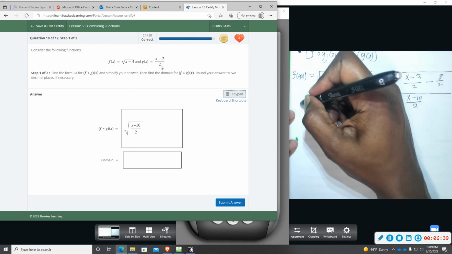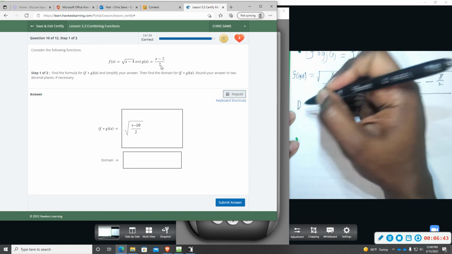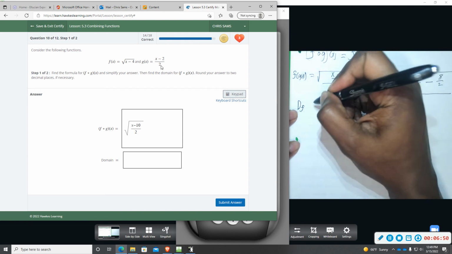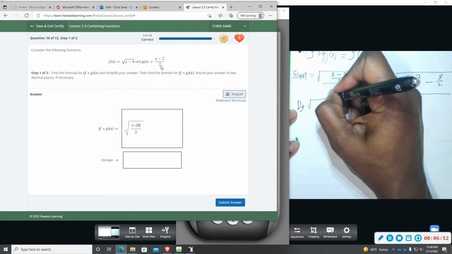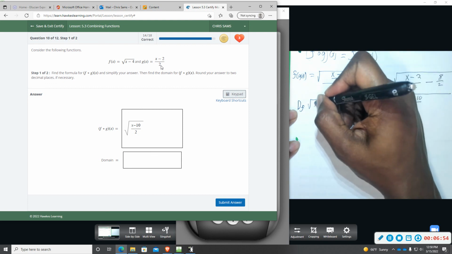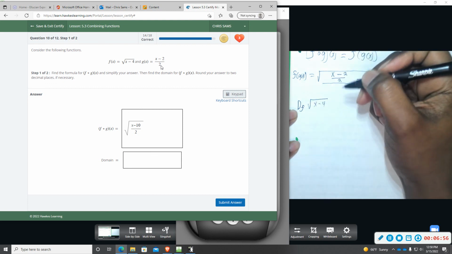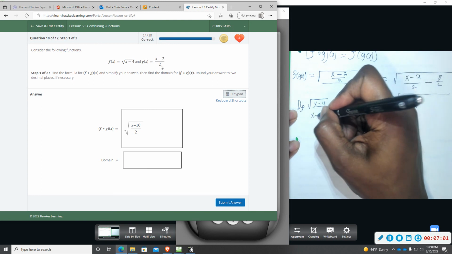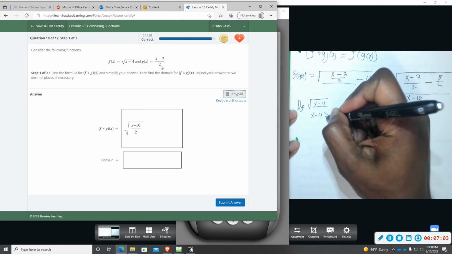We start with the domain of f. The f function was the square root of x minus 4, so we have an even root. The restriction is that whatever's under the root, x minus 4, has to be greater than or equal to 0.